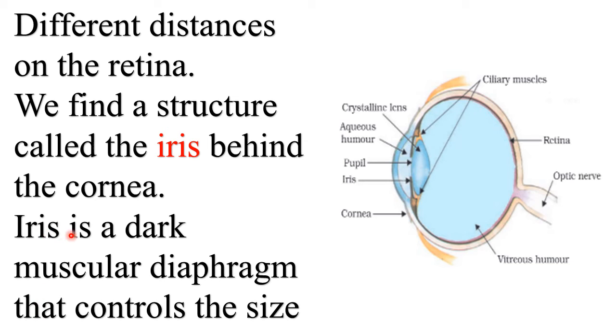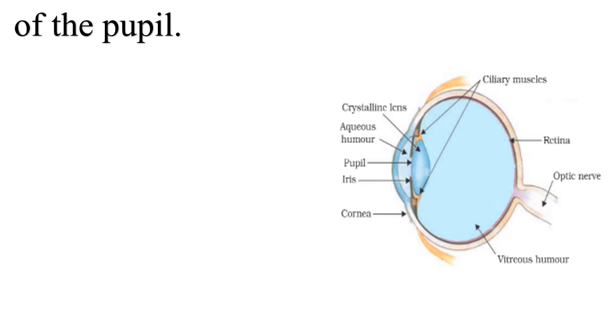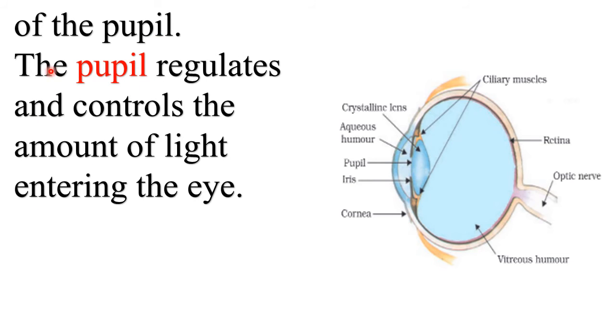Iris is a dark muscular diaphragm that controls the size of the pupil. The pupil regulates and controls the amount of light entering the eye.